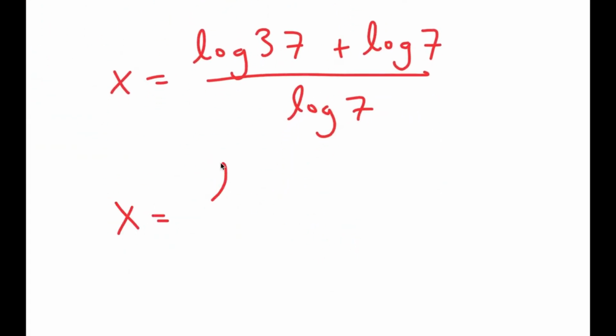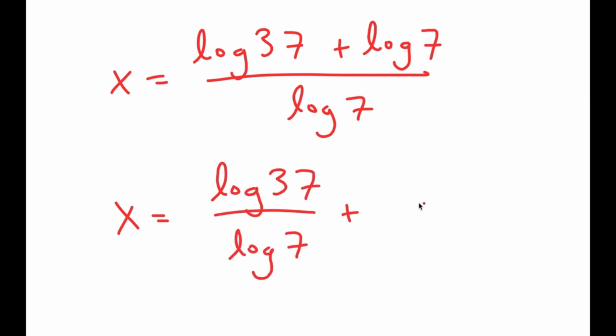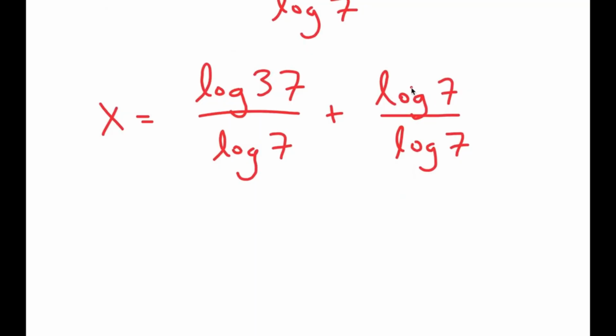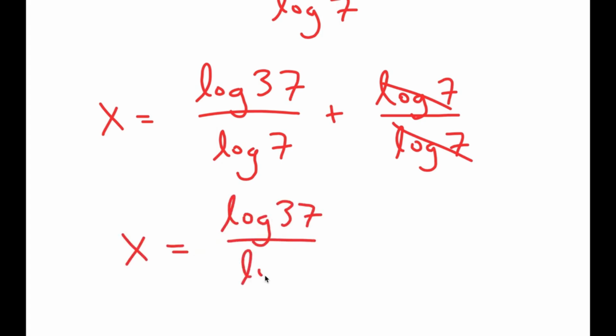And this is equal to log of 37 over log 7 plus log 7 over log 7. So now, these two are going to cancel out, so I get x is equal to log 37 over log 7 plus 1.